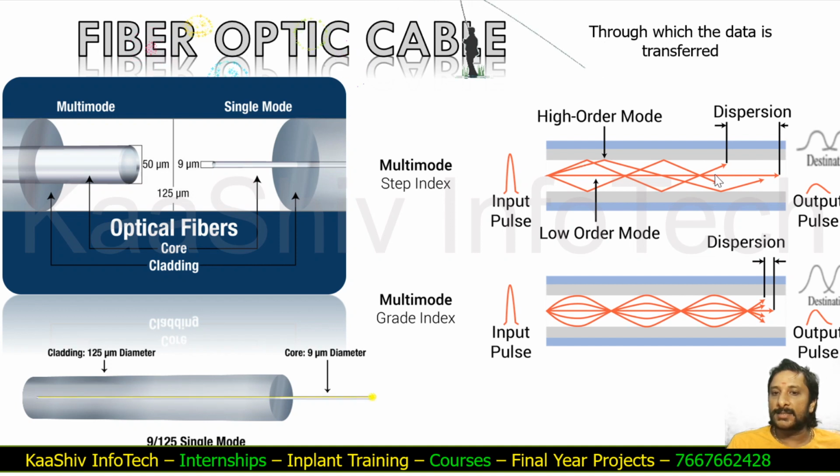Multi mode step index doesn't have any uniformity, whereas multi-mode graded index will have uniformity like this. So you are able to see there is no merging here, and merging of data happens at the destination. Okay, this is the segregation in fiber optic: single mode, and in multi-mode you have step index and graded index.